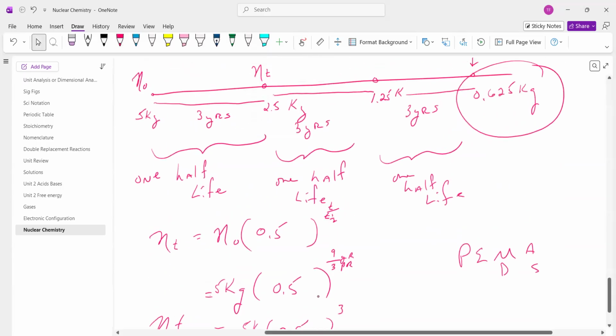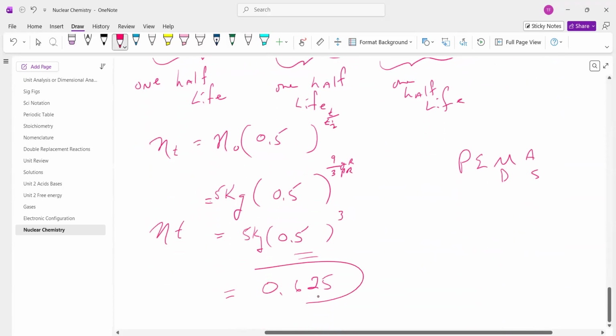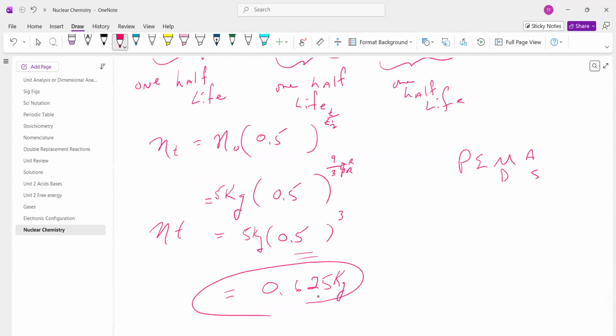Okay. Same number. Now that's as straightforward as it gets using the formula.